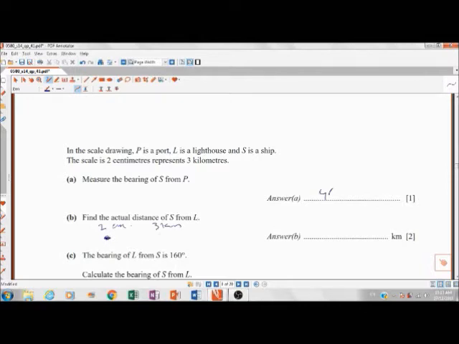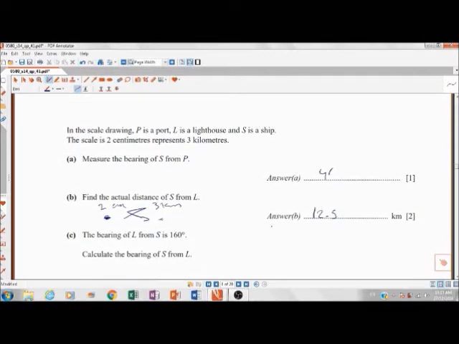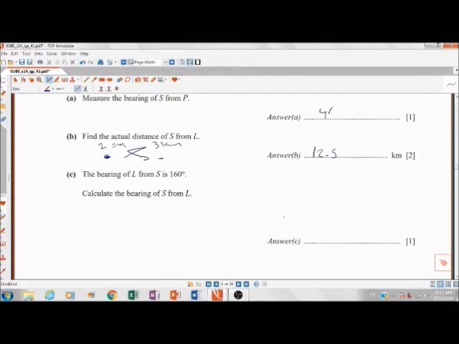You write down the value you found using a ruler, and then you cross multiply, and you get the answer, which is around 12 point something, 12.5 or 6, something like that, more or less.